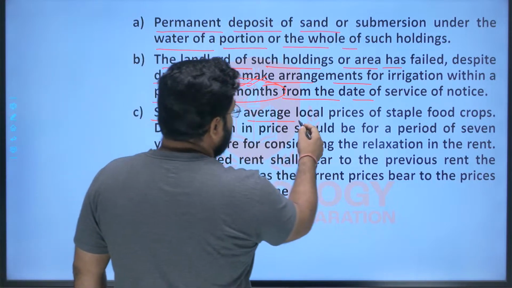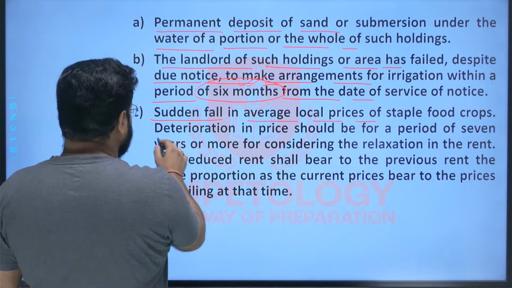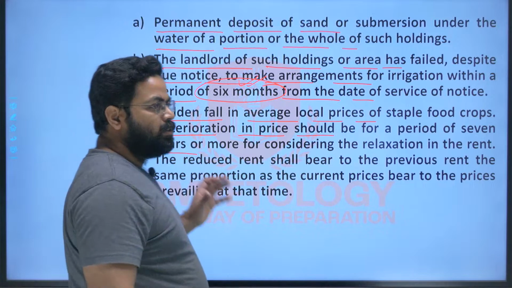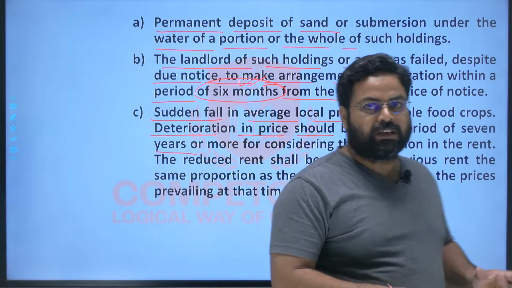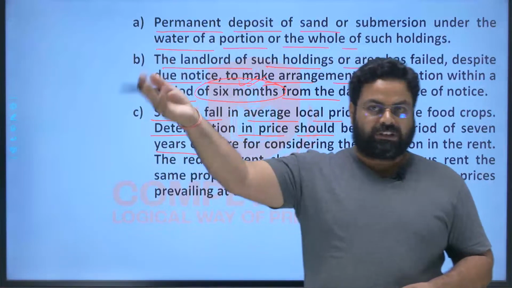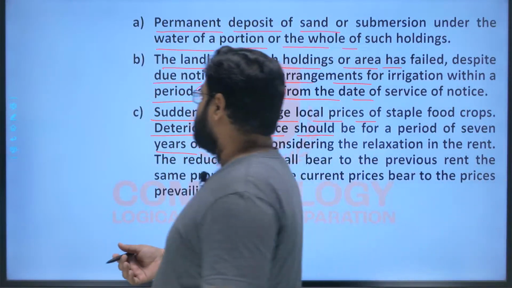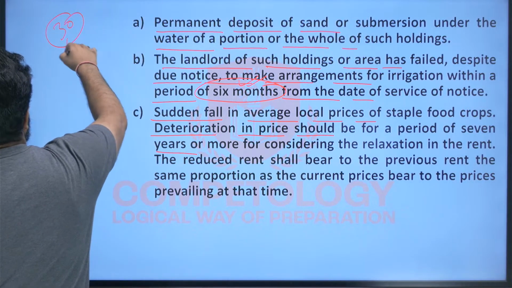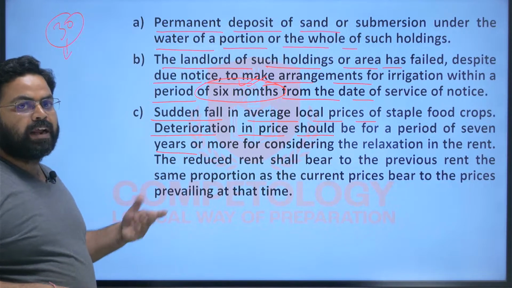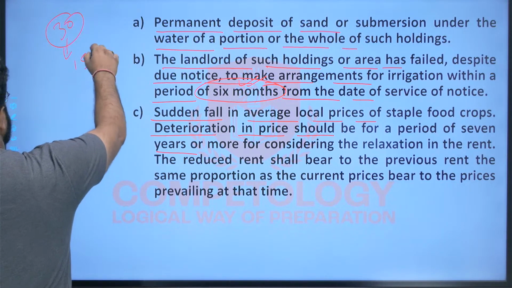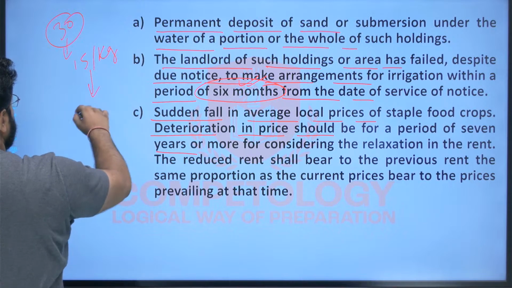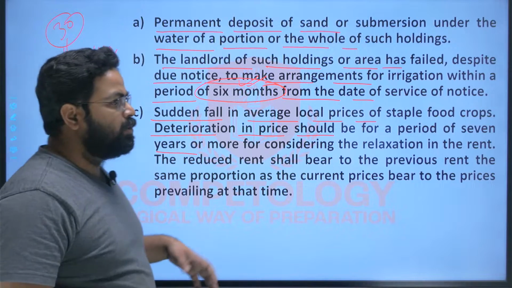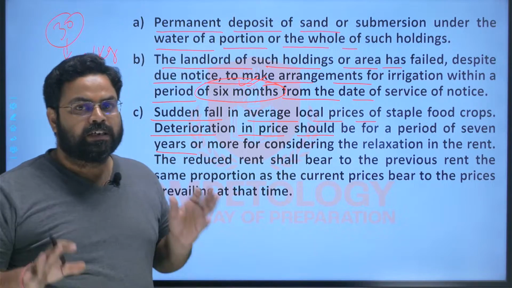Sudden fall in the average local prices of the staple food crop: the determination of the prices should be for a period of 7 years. So suppose that 7 years earlier, rice was being sold at 30 rupees per kg, but suddenly in the next year the price reduced to 15 rupees per kg, and the prices stayed low continuously for 7 years, even if they fluctuated by 2 to 3 rupees, it is nowhere near 30 rupees.